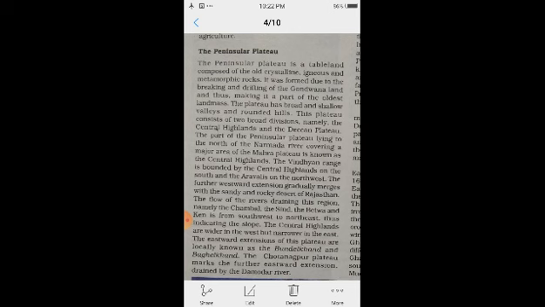Then another division, there were two divisions. One of them is central highland, another one is the Deccan plateau. Peninsular plateau is divided into two regions, central highland and Deccan plateau, and it is a triangular landmass. Deccan plateau कैसा है?